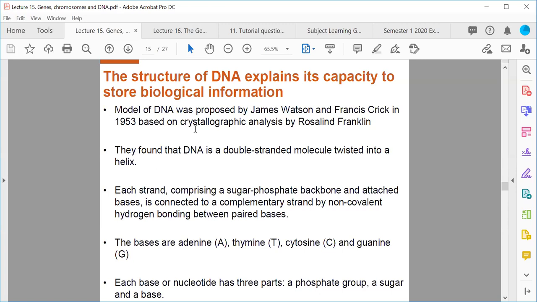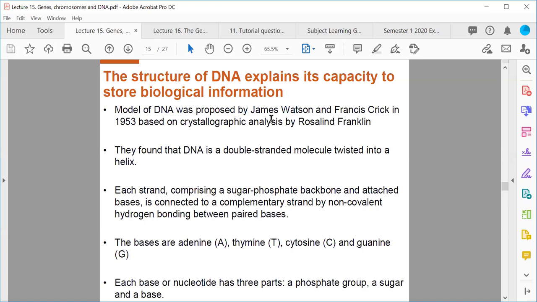And this was actually based on analysis that was performed by another scientist, Rosalind Franklin. And what she did differently to everyone else was that she carried out this particular technique that you see here, X-ray crystallography. She carried it out using wet DNA rather than dry DNA, which is what everyone else was using. And she had this result that she hadn't really had time to analyse.